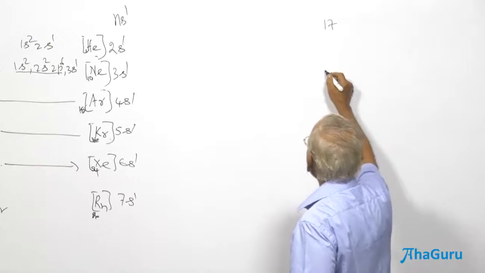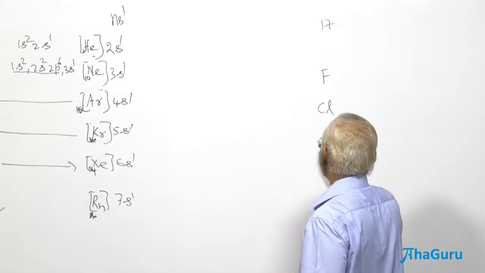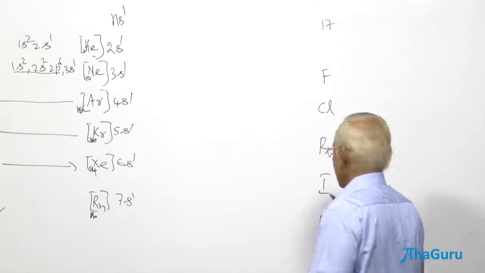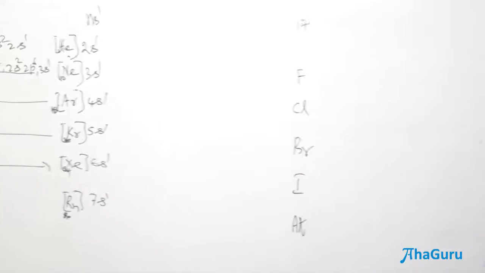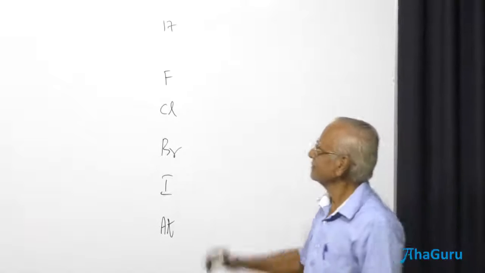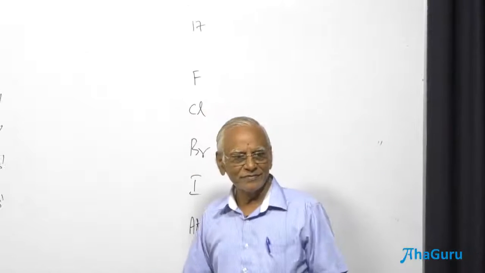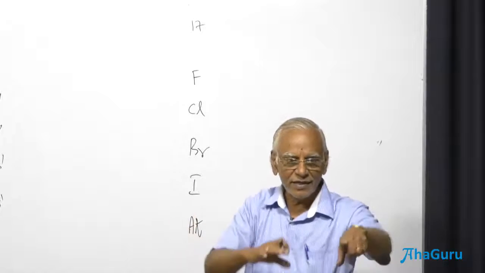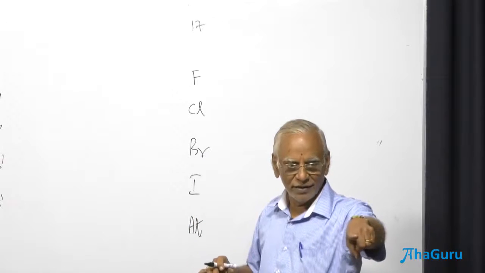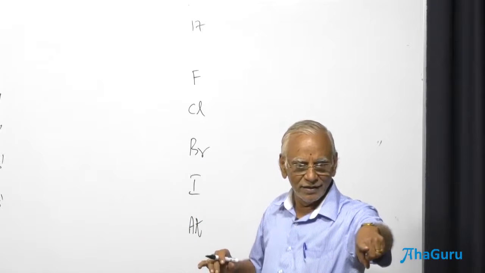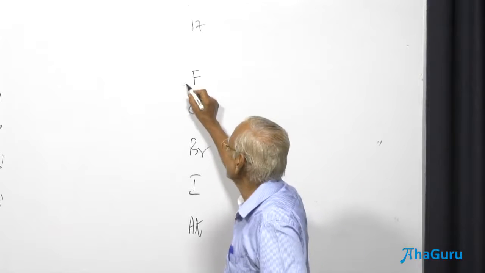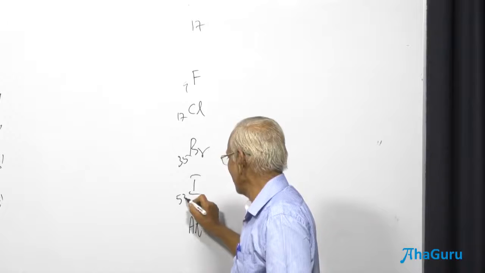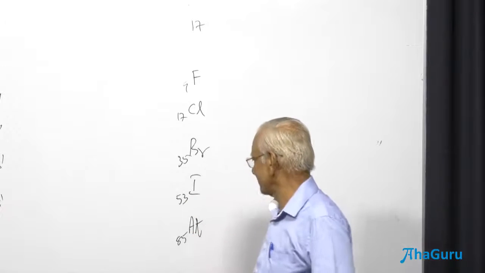Let's see. Fluorine, chlorine, bromine, iodine, astatine. Did you include astatine? Tell me the atomic numbers. 9, 17, 35, 53 and 85.